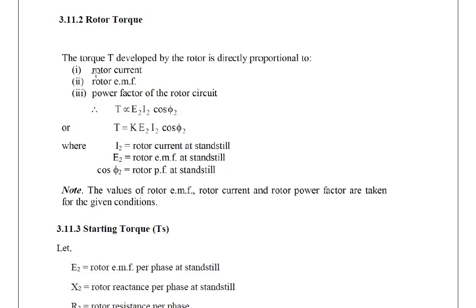So now the next topic is the rotor torque. From the above equation, we can simply see that the torque T developed by the rotor is directly proportional to the rotor current, rotor EMF, and the power factor of the rotor circuit, because we know that torque is directly proportional to E2 I2 cos phi 2, where the value of I2 is given by simply E2 divided by Z2, and Z2 is equal to under root R2 square plus X2 square, and cos phi 2 is given by R2 by Z2.